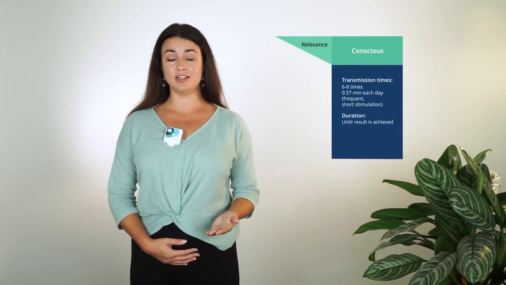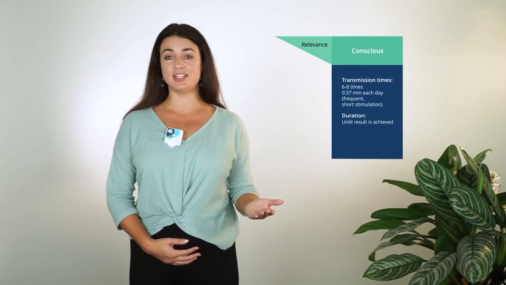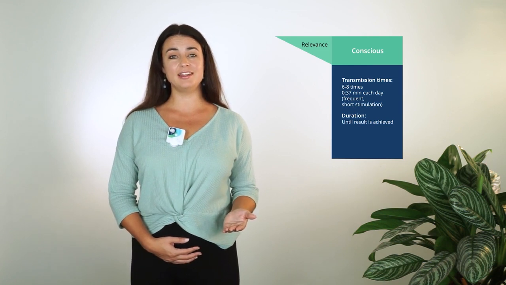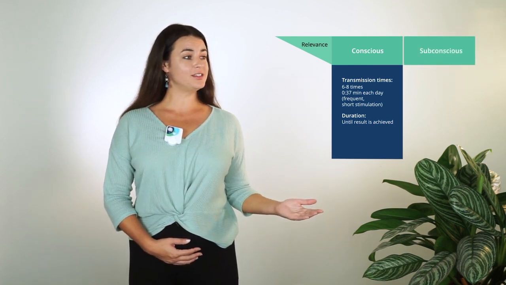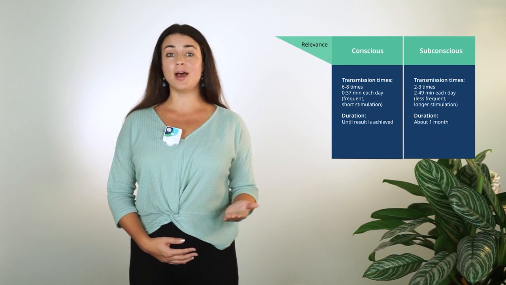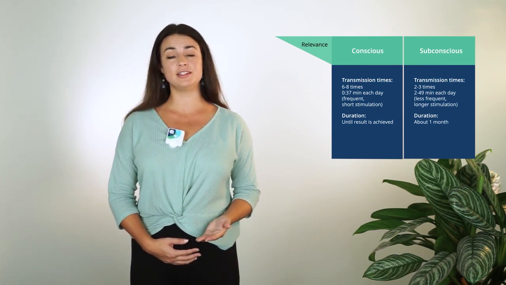On the one hand, you see relevance, which we have placed in a range between conscious, meaning from 0% to plus 100% relevance, and subconscious, meaning up to minus 100% relevance.